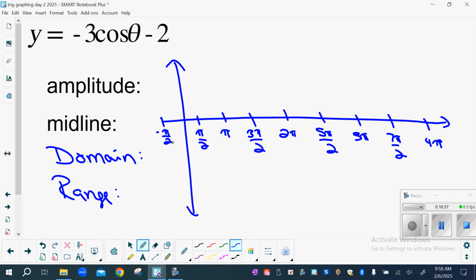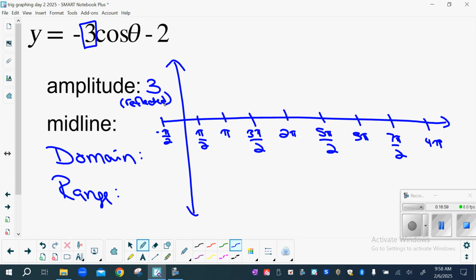Okay, careful on this one. My amplitude is actually still 3, but I need to write a word next to it. And that is the word reflected. Because in this case, when I start it, it's going to not start at the top of the wave.